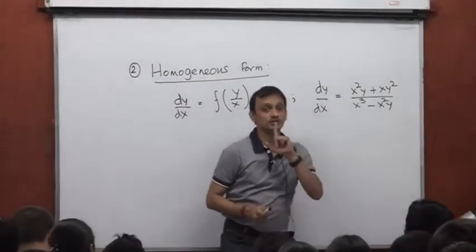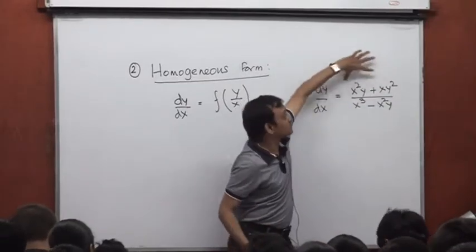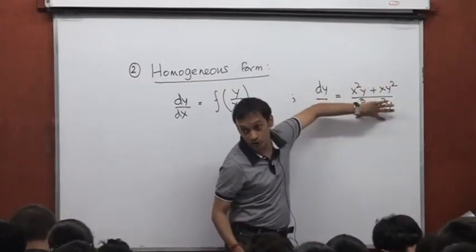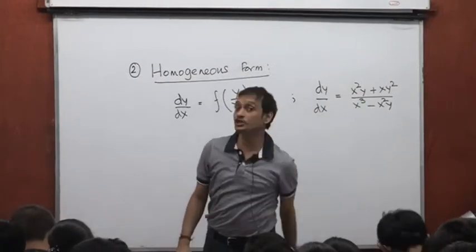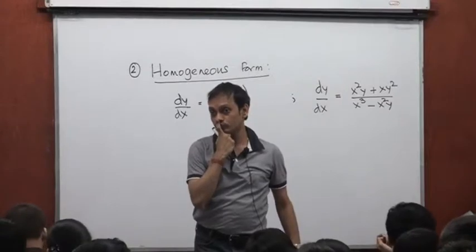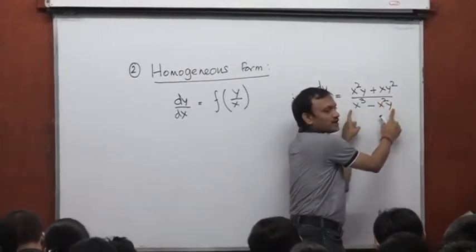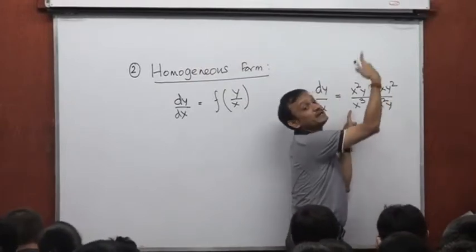This would be homogeneous. Every time you have a ratio of two functions, this is a function of x and y and this is also a function of x and y, this would be homogeneous under two conditions. Two conditions would be required. One would be that both numerator and denominator should be of the same degree.